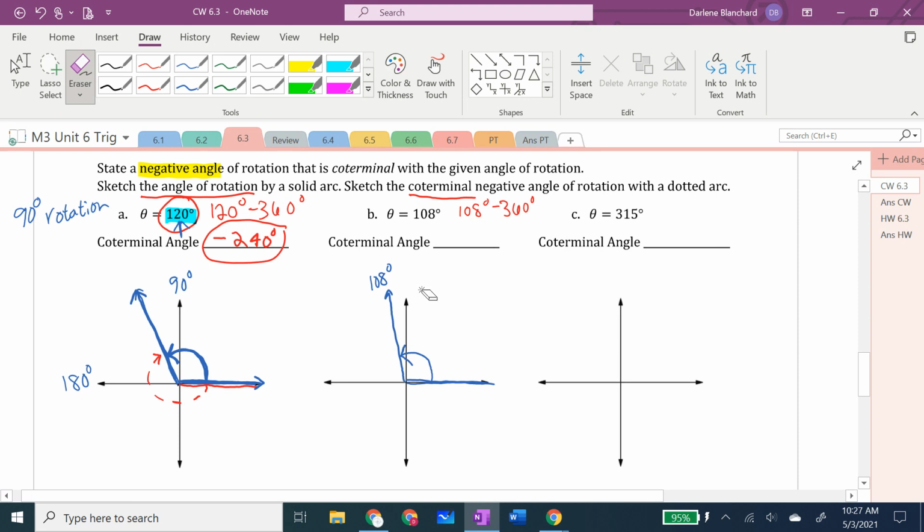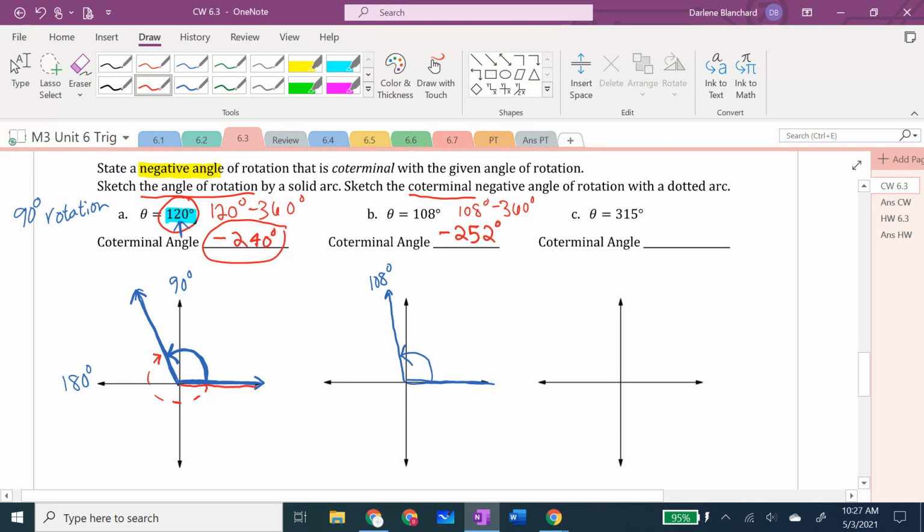So now, what is 108 minus 360? Negative 252.